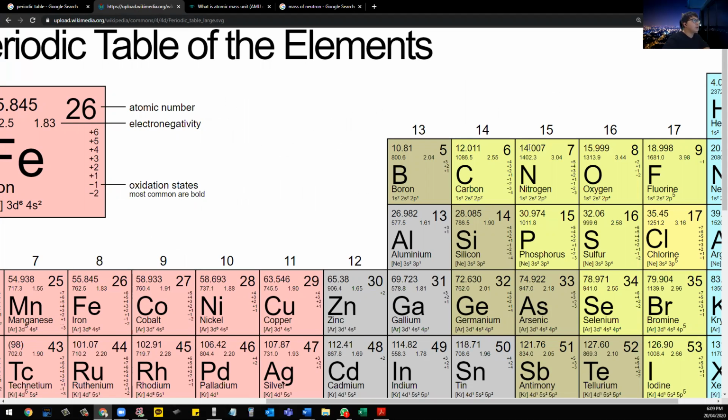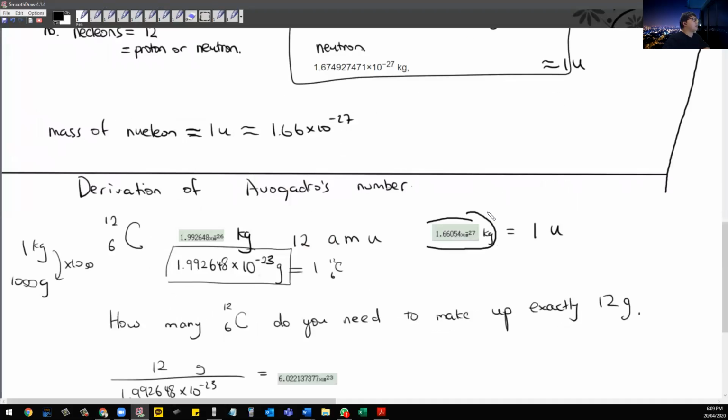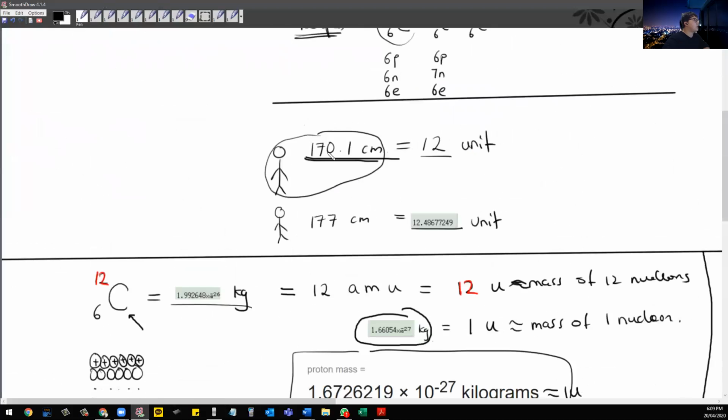Just think about it. If someone's height is 170.1 and we just say that it's 12, this actually doesn't have a unit. Okay? It actually doesn't have a unit.